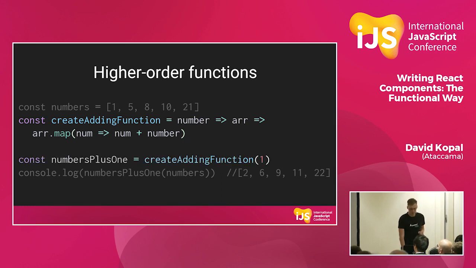So we pass the number, we get the new function, and we store it as numbersPlusOne function. So the function is waiting for an array now, and we pass the array of numbers, and each number in the array is increased by one due to the mapping function which is inside our function, createAddingFunction.